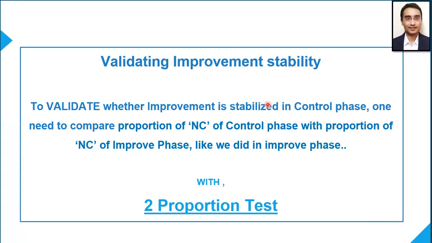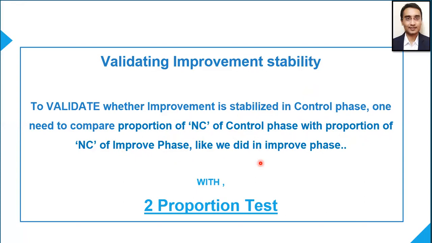Right, so validating improvement stability. To validate whether improvement is stabilized in the control phase, one needs to compare the proportion of NC, that is non-compliance, of the control phase with the proportion of NC of the improve phase, like we did in the improve phase. In the improve phase, we compared pre-improvement NC with post-improvement NC, that is, measure phase NC and improve phase NC.